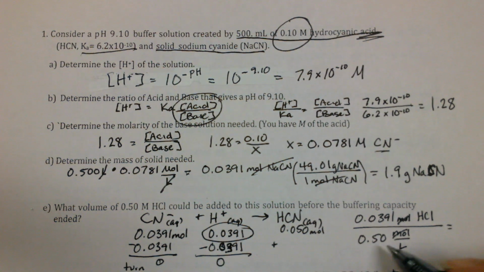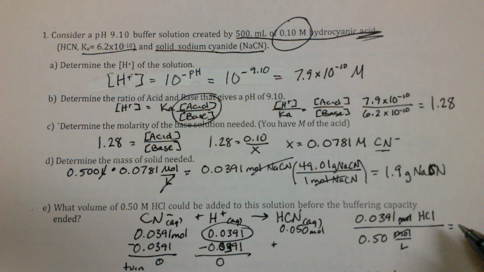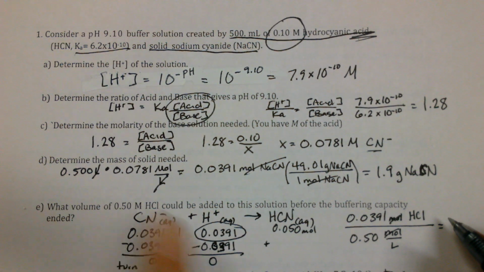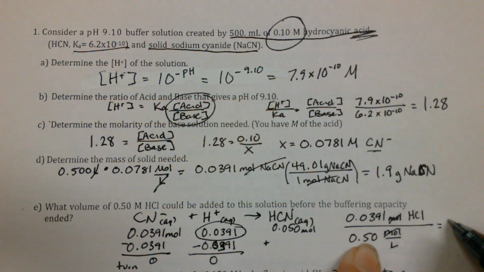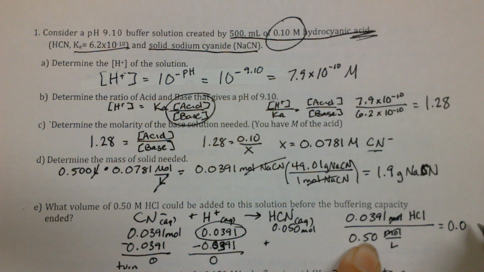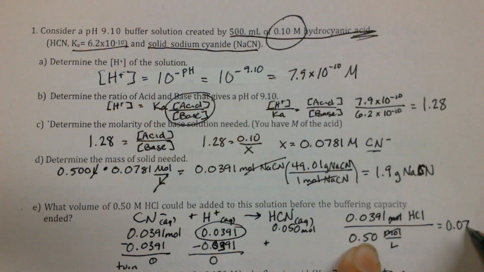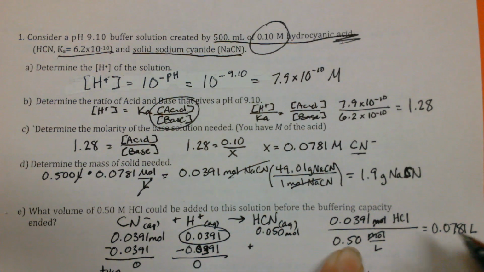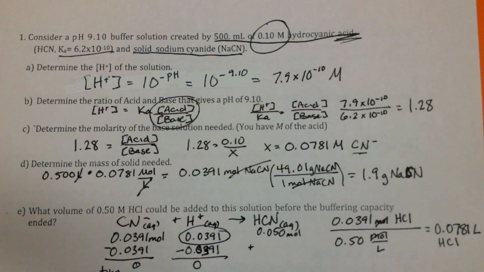And you'll notice I'm actually going to end up with a number that I've seen quite recently, because up here I multiplied by 0.5 and down here I am dividing by 0.5. So if I am putting in my liters here, it would be 0.781 liters of HCl. That would give me the number of moles that would exceed my buffer capacity.